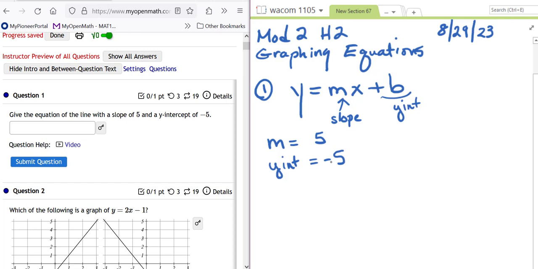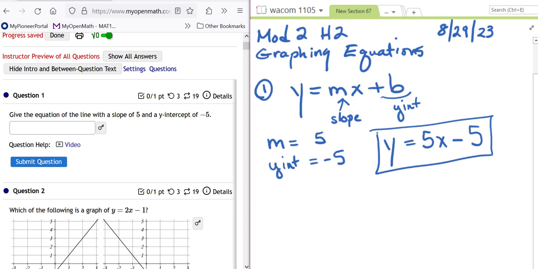So you could probably figure it out here to plug into this form. y equals 5x, where x is part of the equation, plus a -5. They will not want two signs together, so just put in a -5. This will be the answer, which is the equation of the line.